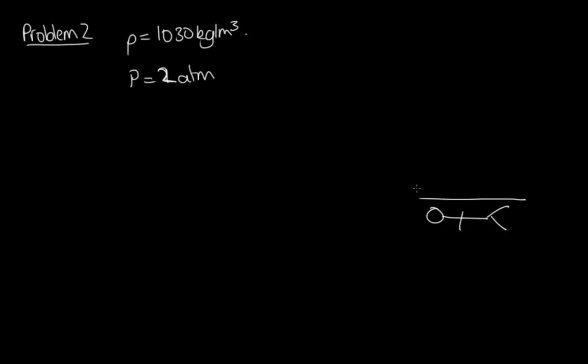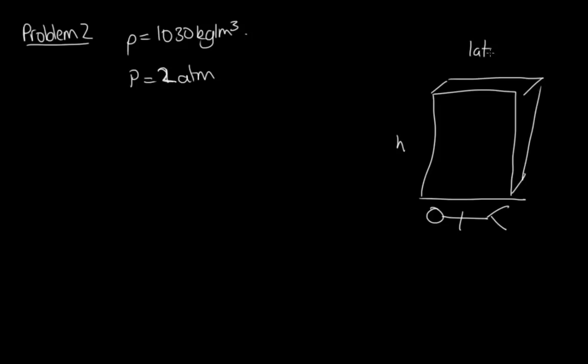We've got our diver, he's at some depth h that we want to find. There's 1 atmosphere of pressure acting from the atmosphere, and so we need the pressure due to the water to also be 1 atmosphere.